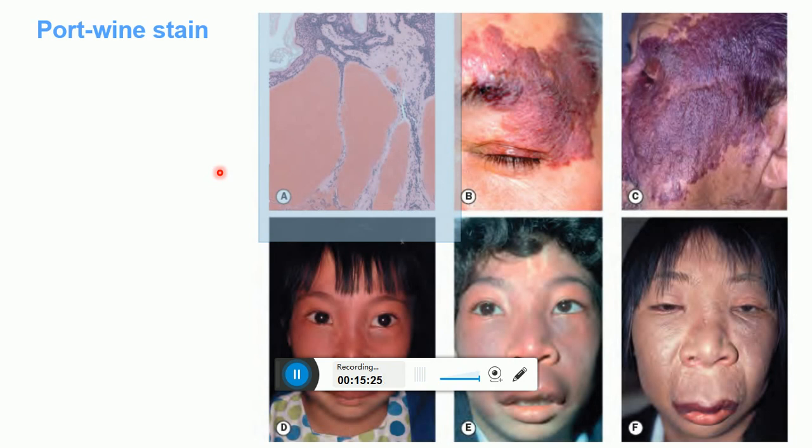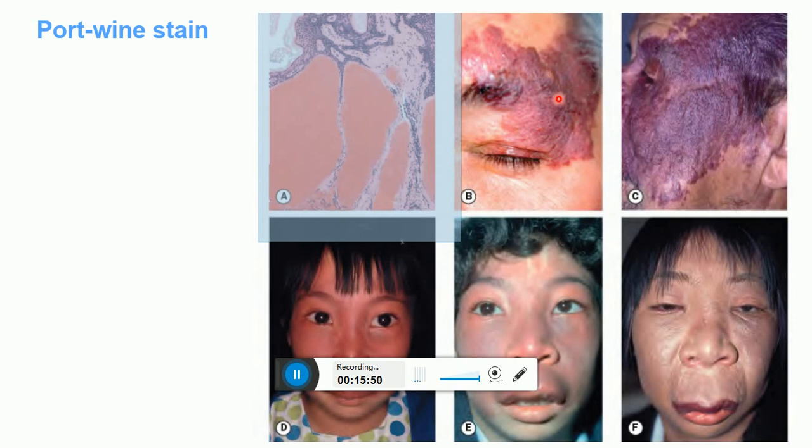It appears as a sharply demarcated soft pink patch that does not blanch with pressure. In the last topic, capillary hemangioma was blanching with pressure, and here this port wine stain does not blanch with pressure.